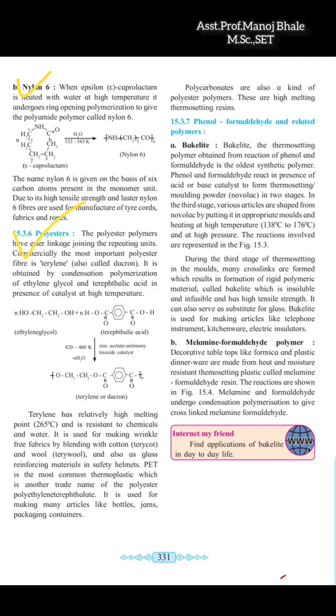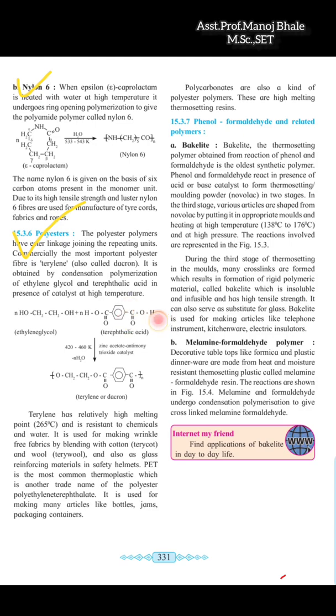Next polymer is polyester, which is prepared by using ethylene glycol. This is the ethylene glycol structure. We use n number of ethylene glycol molecules and react them with terephthalic acid.